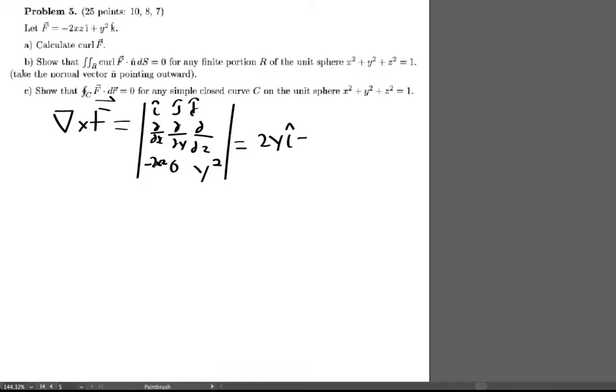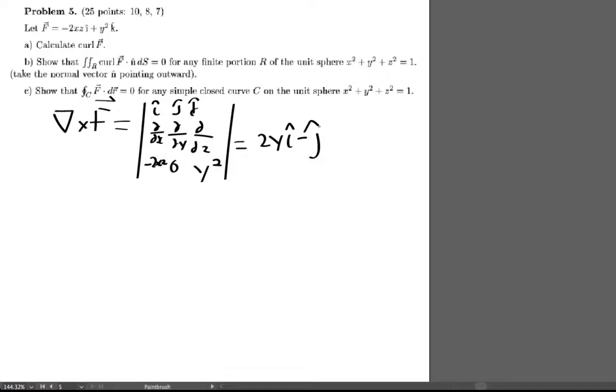Subtract this by the partial derivative of 0 in terms of x, that's 0, and then the partial derivative of minus 2xz in terms of y, that's also 0. So it's minus j hat.